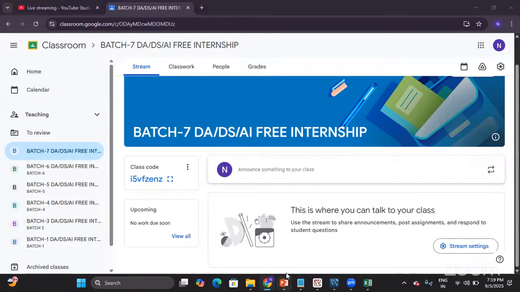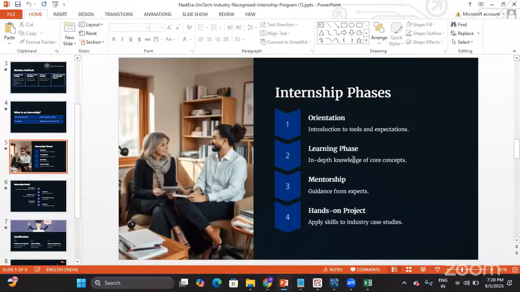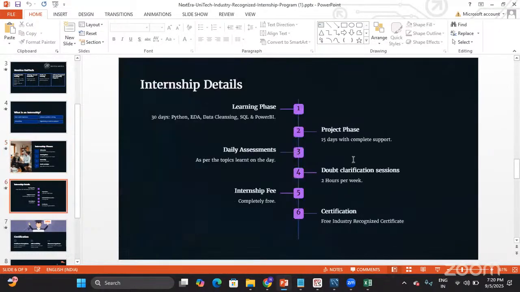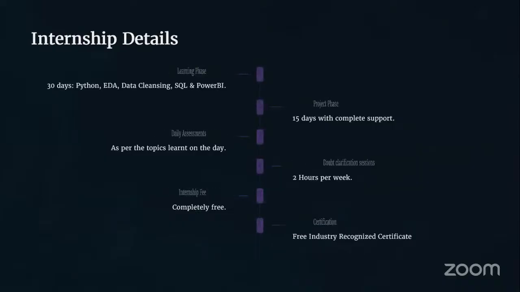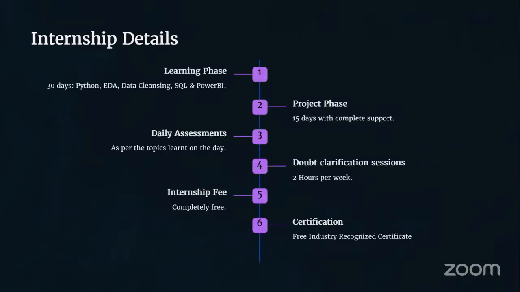Once after completing the learning phase, you'll be moved to the project phase. If you have any questions, we'll be addressing them as part of your learning phase itself. We will not make things delayed, because by the end of this learning phase, you should be clear on the core concepts and confident that you can do a project.